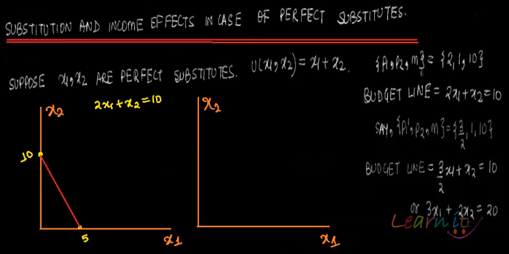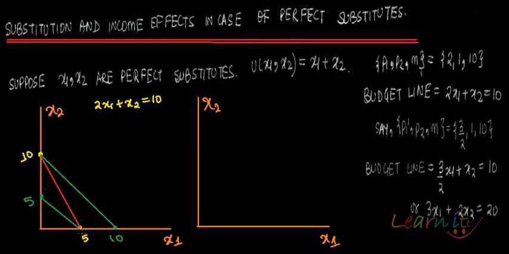So how will your indifference curve look like? If I have a 5 intercept here, and I make it 10 here, this way, this is my first indifference curve, x1 plus x2, with slope of minus 1. And this is my second indifference curve. Clear? Let me just put these numbers here.